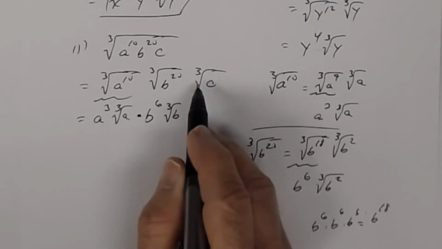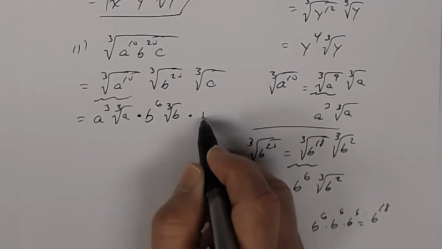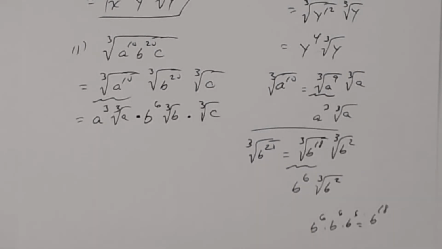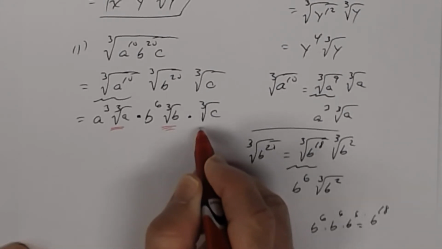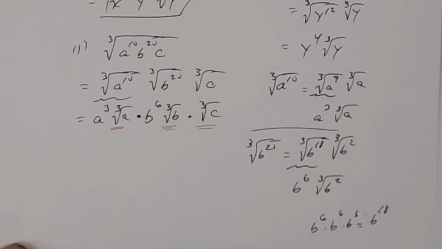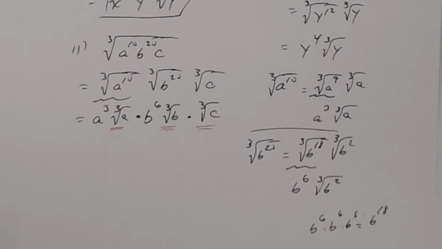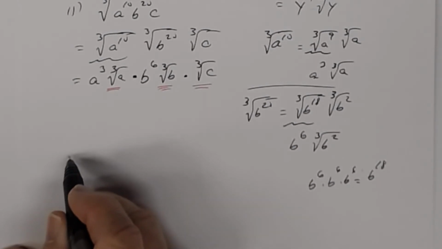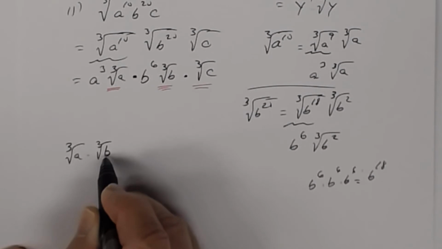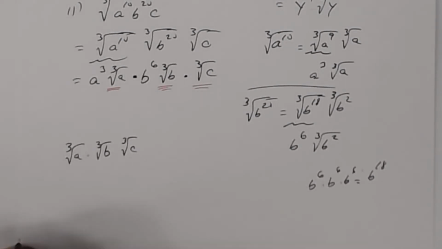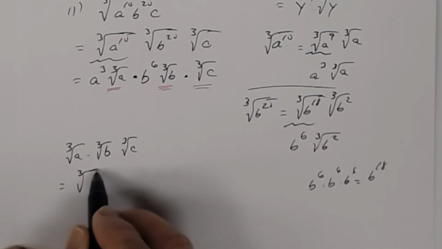And we said a while ago we could not simplify this. I'm going to rewrite this as times the cube root of c. Okay, so that's where I'm at. Now you all know, don't leave your answer like this because you see a cube root of a, a cube root of b, and a cube root of c, don't you? And we all know now that the cube root of a times the cube root of b times the cube root of c can be rewritten as one cube root.